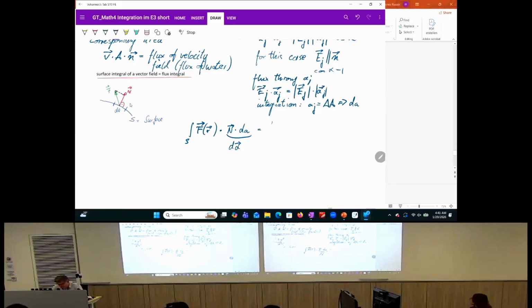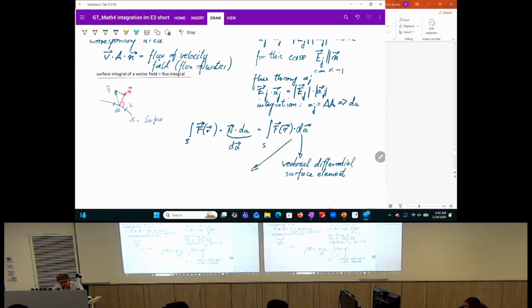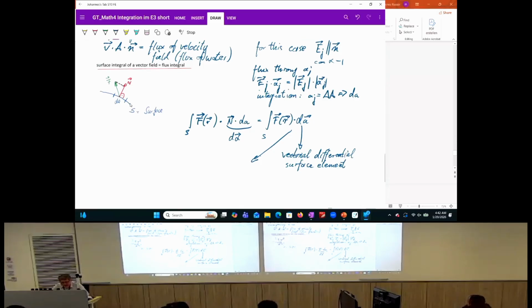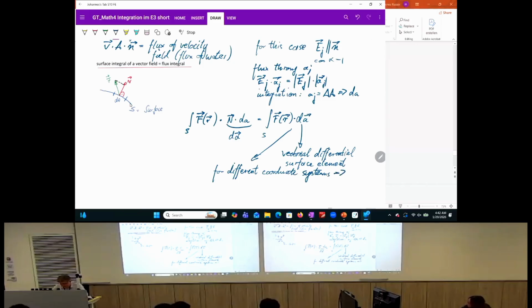So this is what this notation really signifies. So you have here a vectorial differential element. And then what you also have to consider is that for different coordinate systems, that has to be adjusted again.